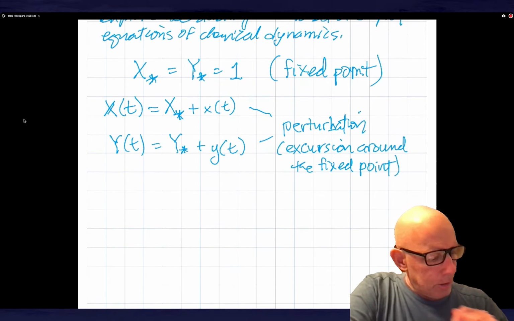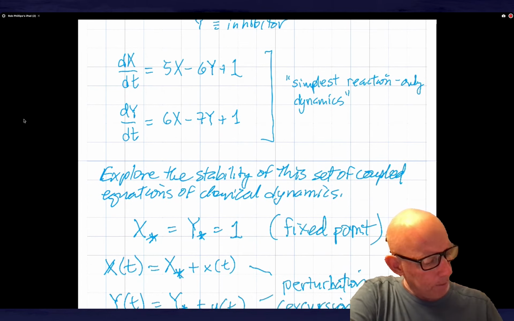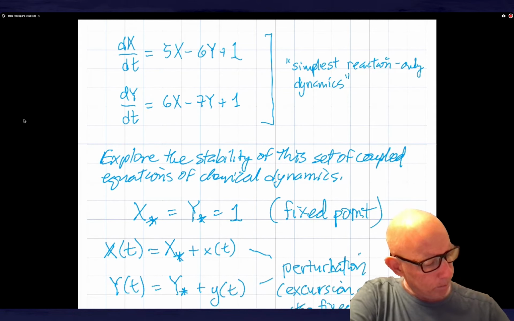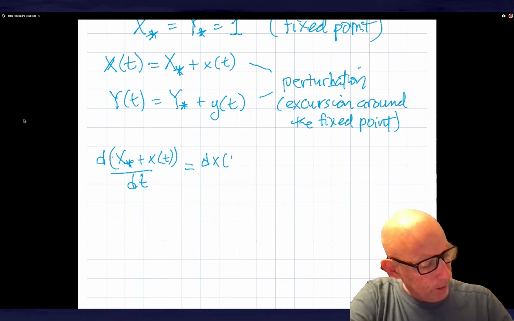If I plug this into that equation and plug that into that equation, what I'm going to get back is, let's be careful about it, d of x star plus x of t, which is equal to d of little x of t by dt.